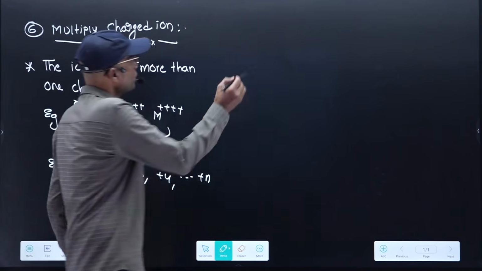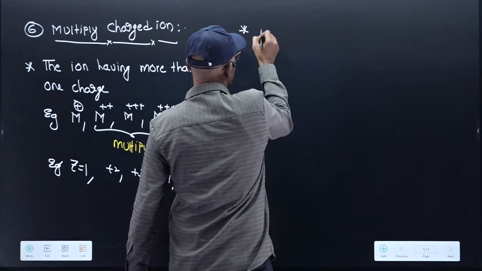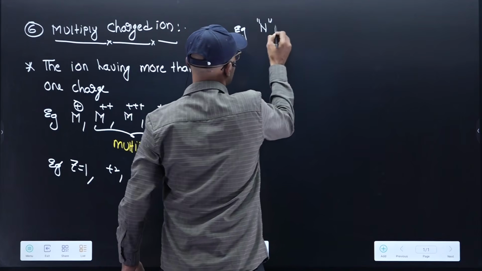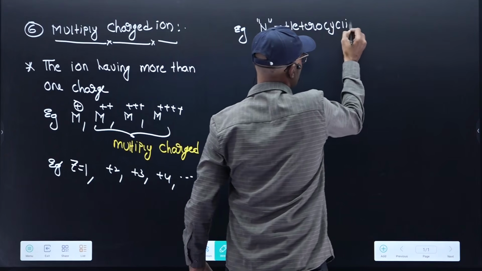This kind of multiply charged ion is produced by, here you may expect, nitrogen heterocyclic compounds.